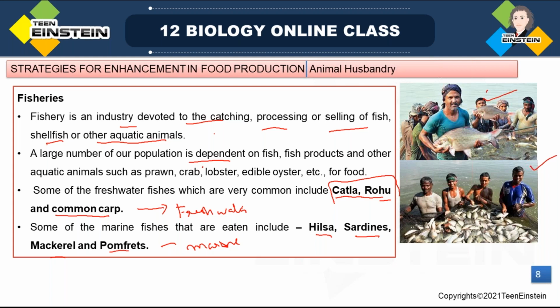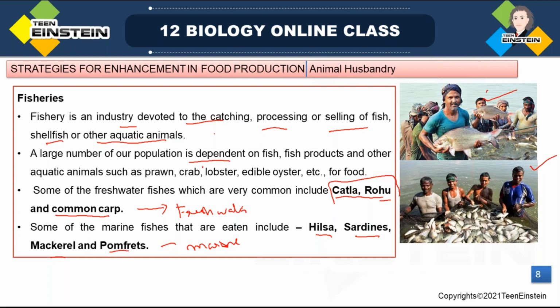Different technologies have been applied, increasing the production of aquatic plants and animals, both freshwater forms and marine forms. Aquaculture means culturing all aquatic forms. Pisciculture means culturing of fish, and farmers are generating a lot of income with the help of these.